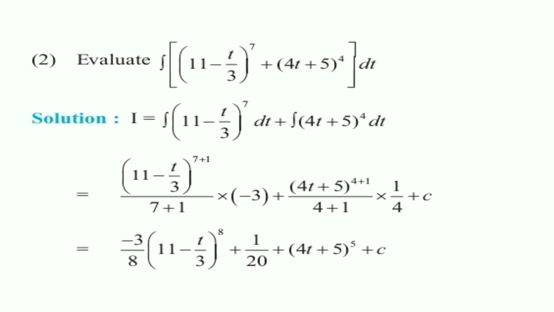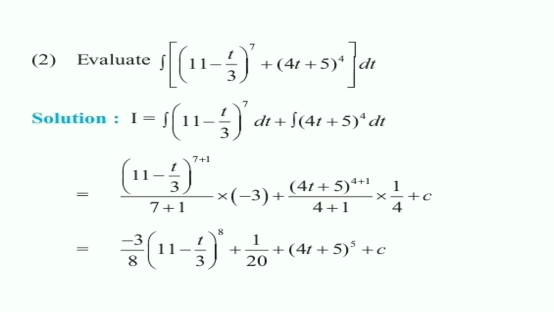This is equal to ((11 - t)/3) raised to 7 + 1 upon 7 + 1, into -3, plus (4t + 5) raised to 4 + 1 upon 4 + 1, into 1 upon 4, plus c.